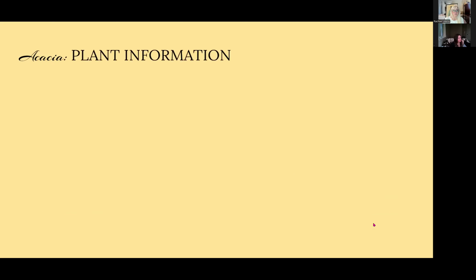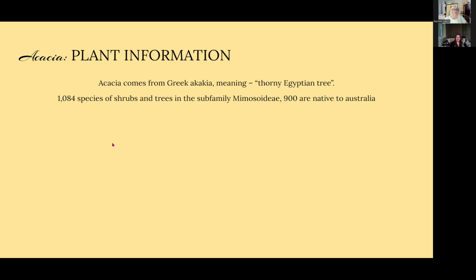So the plant information. The name acacia comes from the Greek Acacia, meaning thorny Egyptian tree, so obviously there's a lot of Egypt stuff in here. There are 1,084 species of shrubs and trees in the subfamily Mimosoideae, and 900 of them are native to Australia.